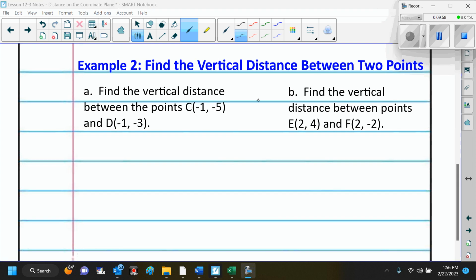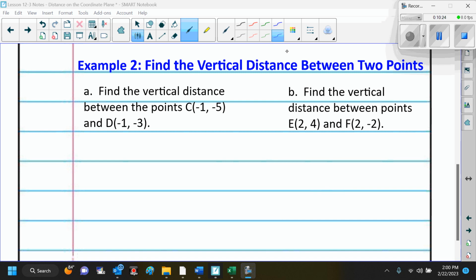So, for example 2, we want to find vertical distance between 2 points. Now this time, you'll notice there is no graph. So we're going to use our ordered pairs, okay? So the first thing I like to do, so for example A, it says find the vertical distance between point C, which is at (-1, -5), and point D, which is (-1, -3).